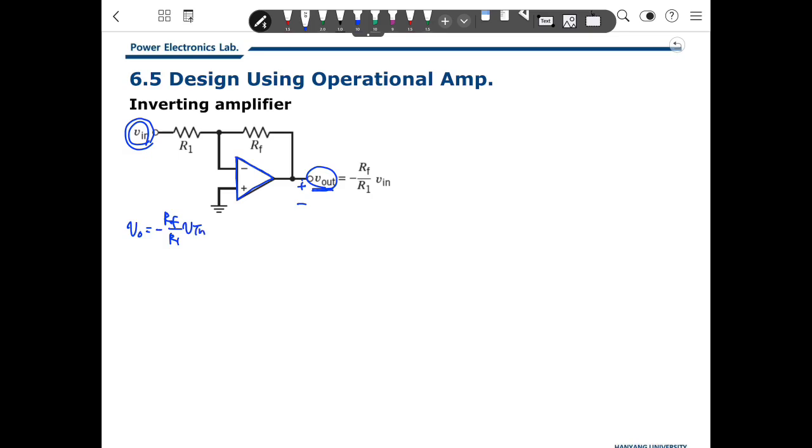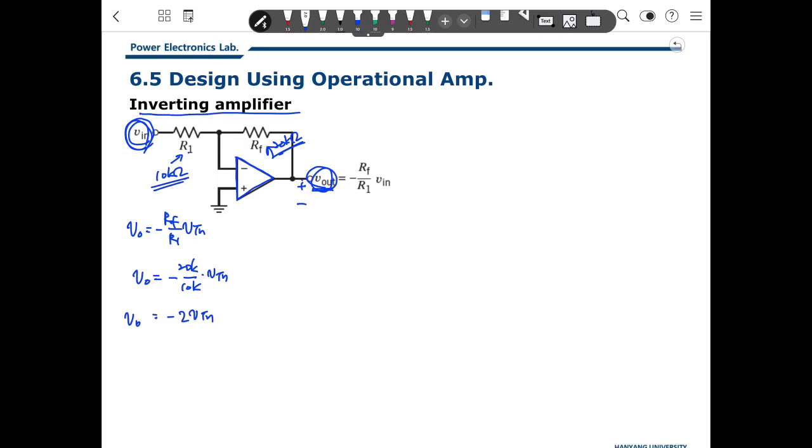That means if R1 is 10 kilo ohm and RF is 20 kilo ohm, then VO will be minus 2 V in. So V out is always double the input voltage, and inverted. We call that an inverting amplifier.